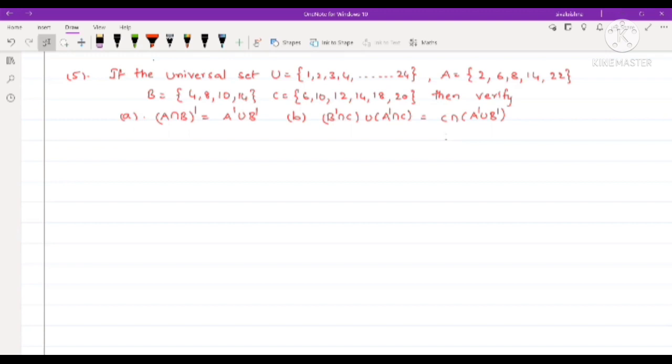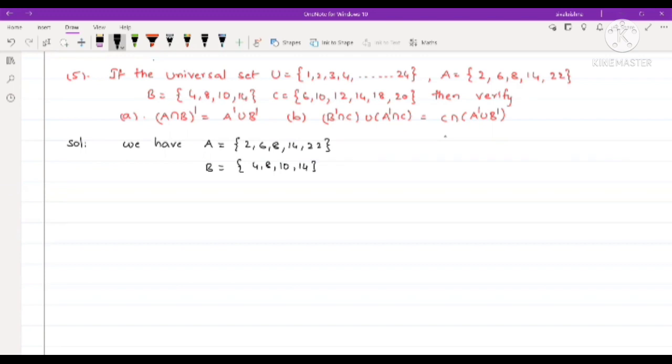Okay, so coming to the solution. First I am writing that we have A is equal to 2, 6, 8, 14, 22 and B is equal to 4, 8, 10, 14.